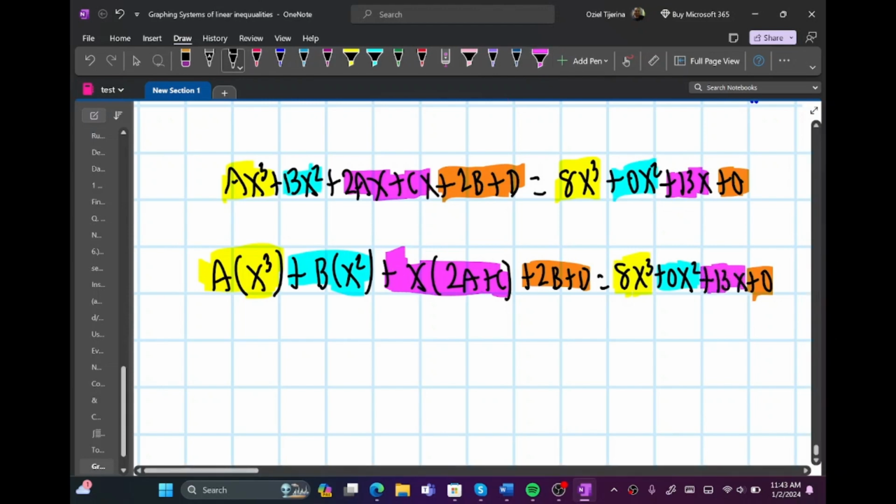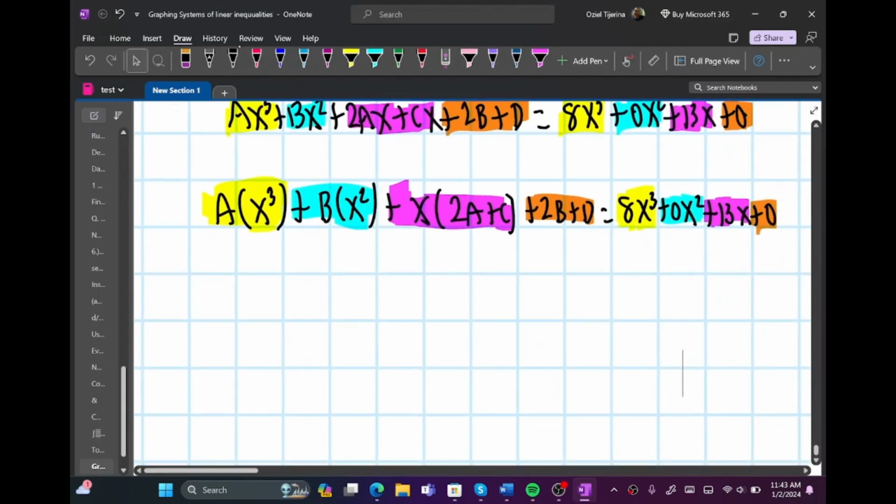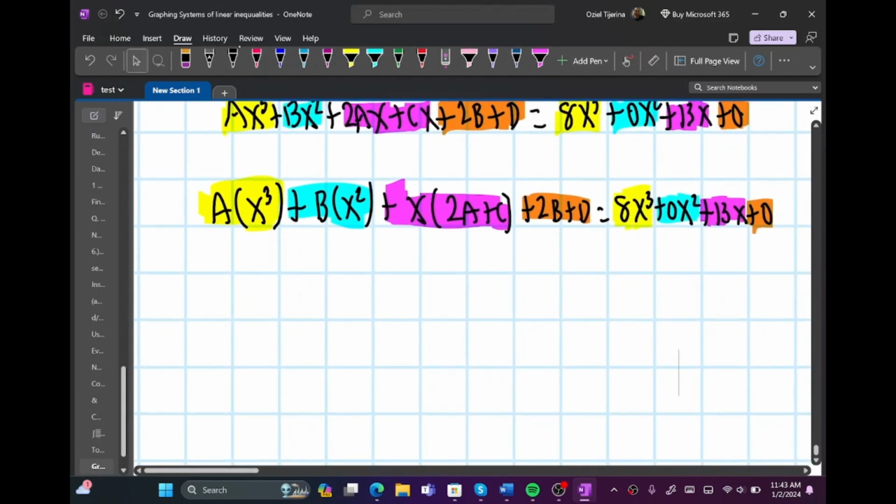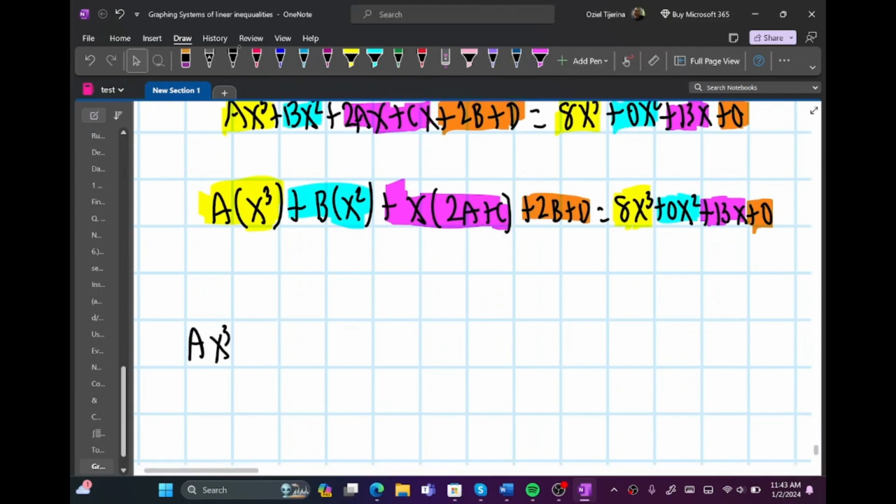So then, if you think about it, guys, you can set each factor equal to each other. So set up a system of equations, and we're going to solve for a, b, c, and d.